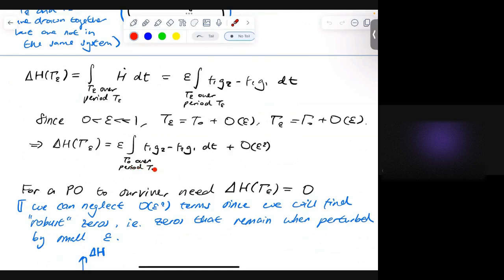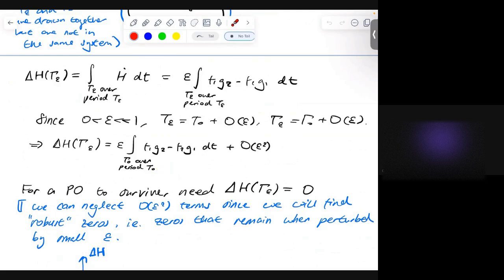So now we can integrate over something that's known. We know the original PO, and we can find that by finding contours of constant energy in the Hamiltonian system. And we can also find the period. So now we have a known integral that we can integrate. And it's an approximation of the change in energy.